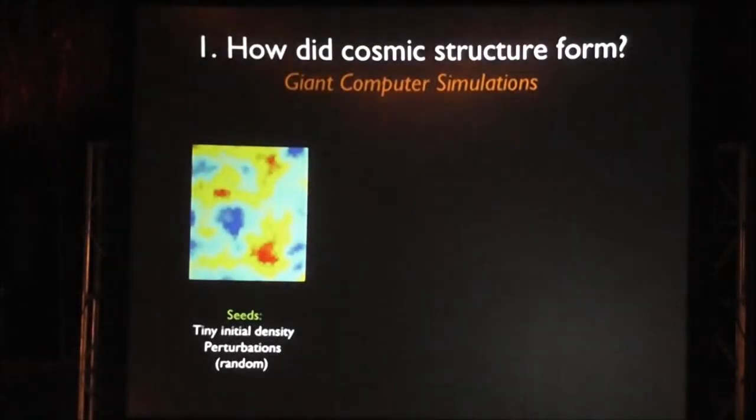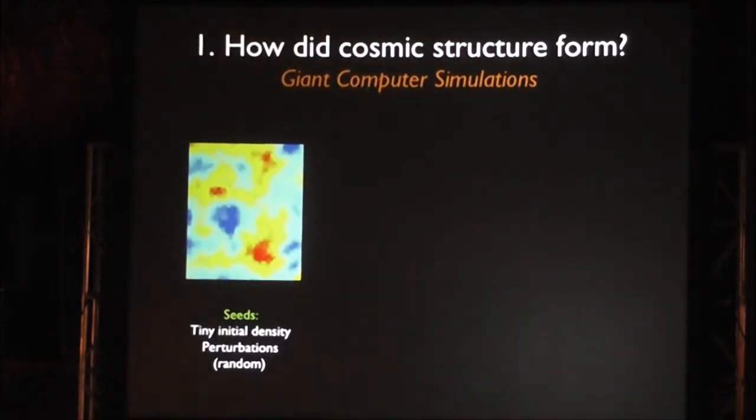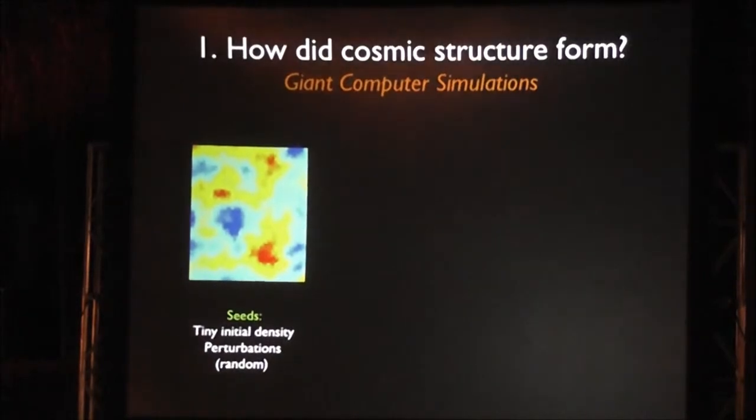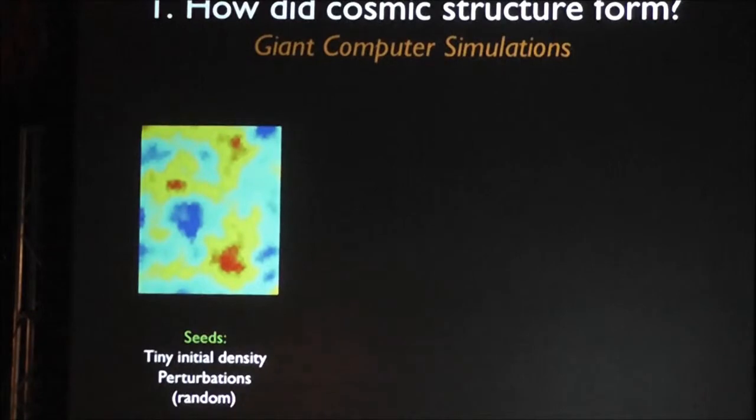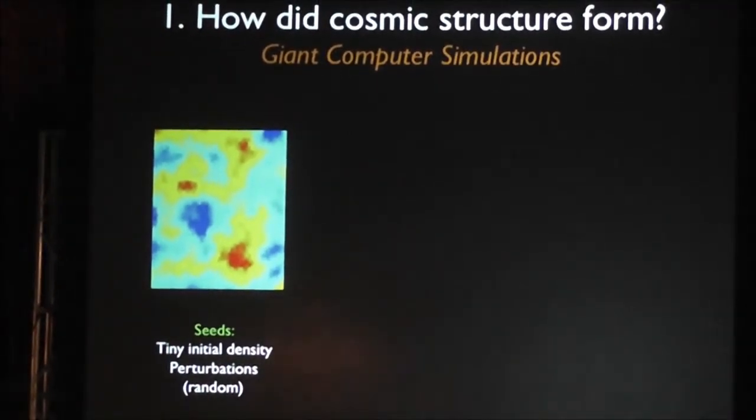And we now have gigantic computer simulations that predict how these tiny fluctuations will evolve over time and turn into the galaxies and structures we see today. So there are the seeds, a piece of the universe at the time the cosmic microwave background was formed.